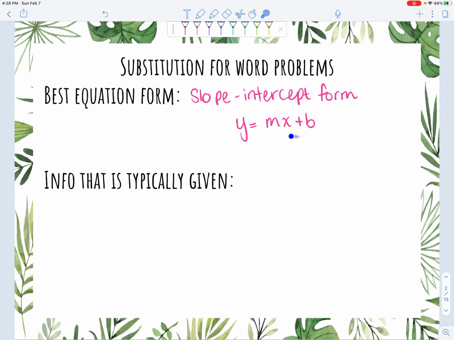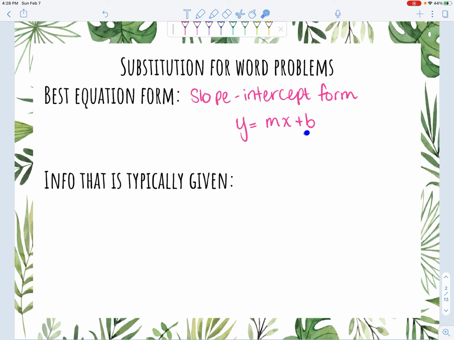So they don't always give it to you in this form, but more often than not, it's typically given in this form, and then that's your clue that substitution is going to work best for that word problem. So there's two things that the word problem is going to give you for each equation if it gives it to you in this form.